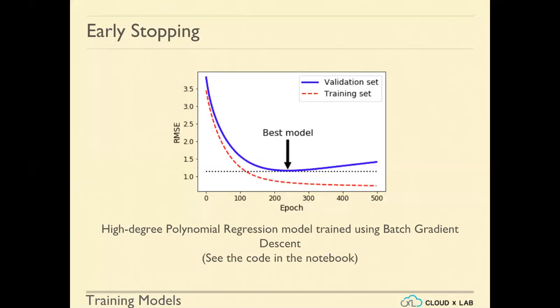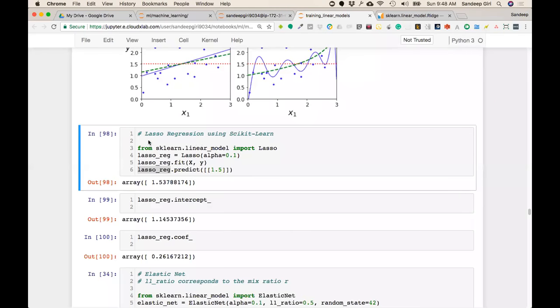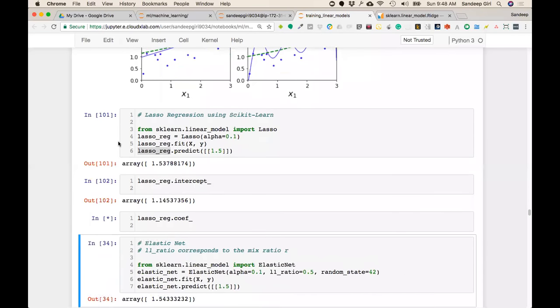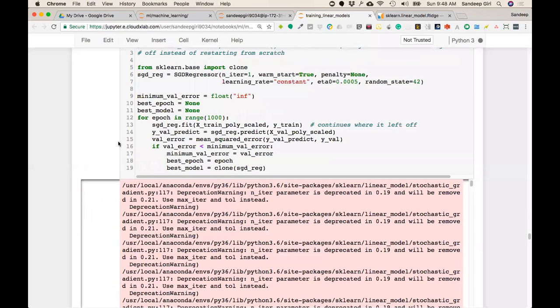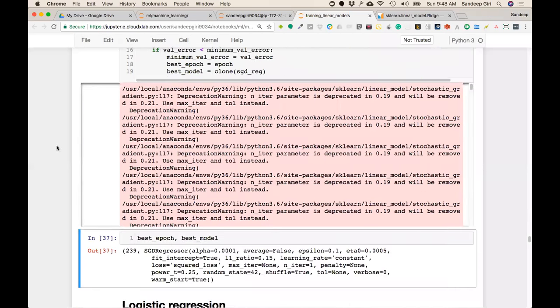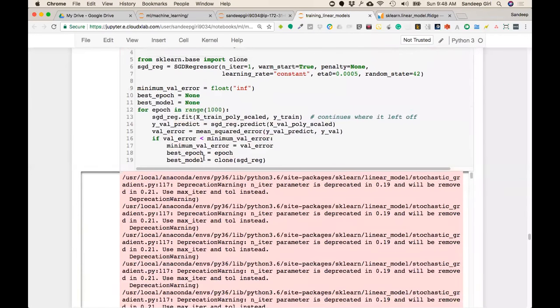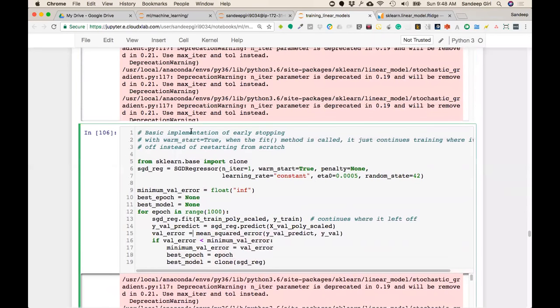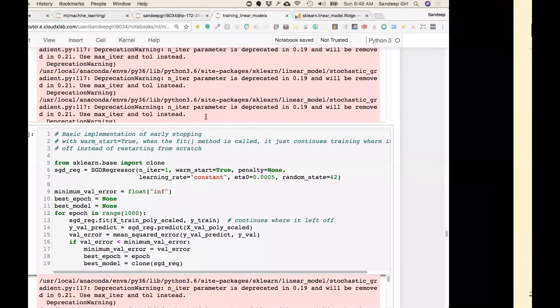You can take a look at the epoch here. All right, let me just go up.